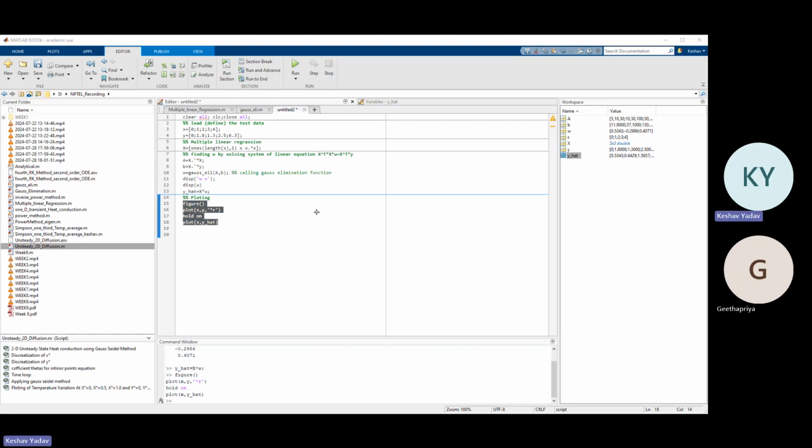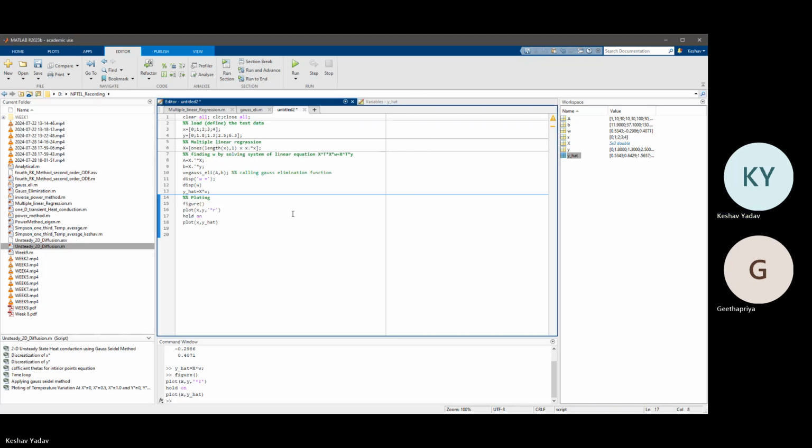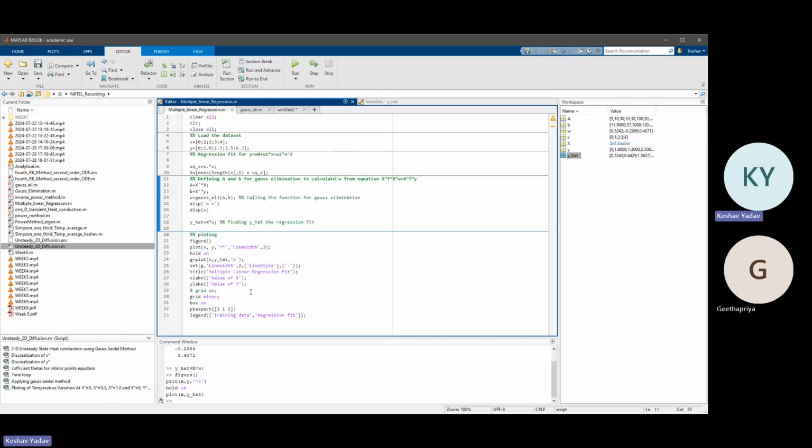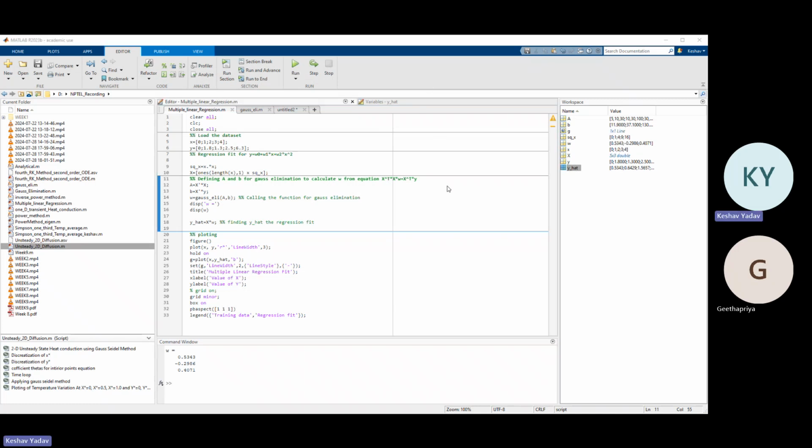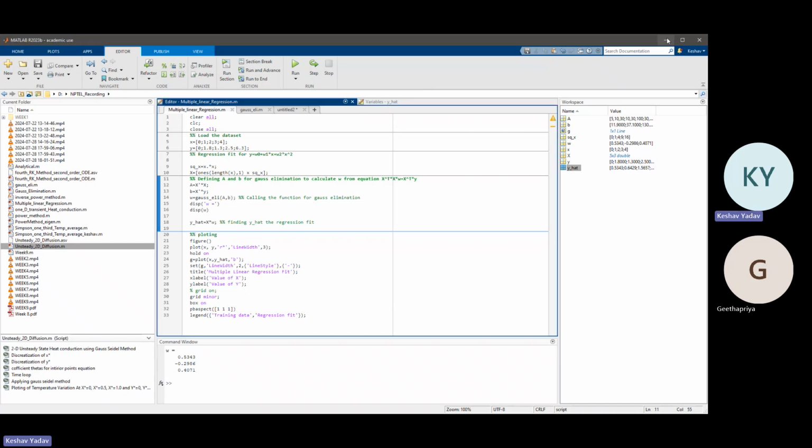These dots are my training data, and this is my regression fit. Okay. Here, I have done some garnishing on the plot. So if I run this, this kind of plot we will get. So this is my regression fit. This is my training data. This is the value of x. This is the value of y.